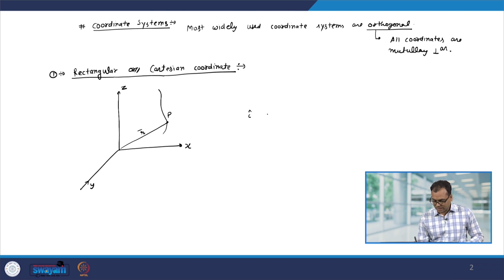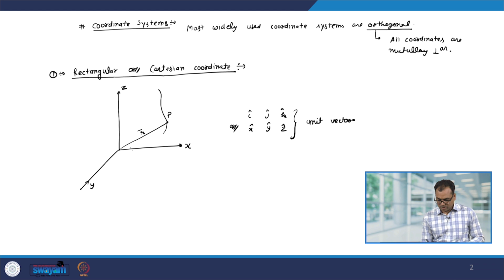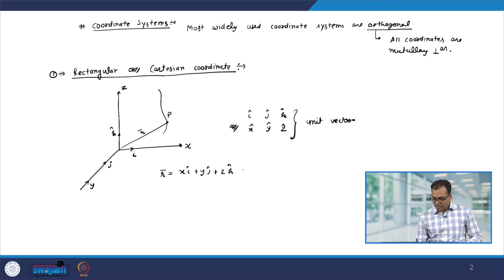So, you can say either i, j or k, or you can take x cap, y cap and z cap as the unit vector. So, let us say this is i, this one is j and this one is k. Therefore, when a particle is moving in the Cartesian coordinates, its position vector r can be written as xi plus yj plus zk. Let us call this equation number A.